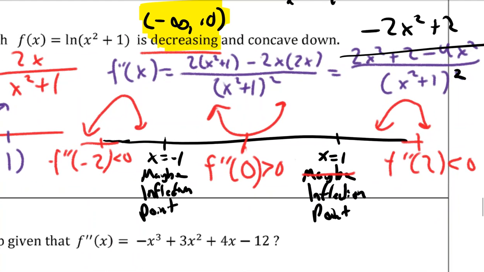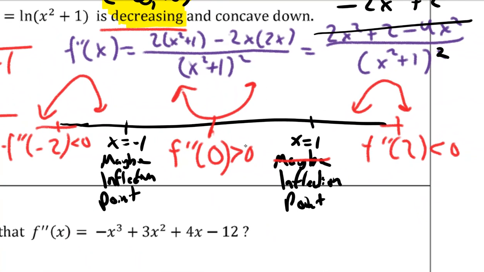Notice on my little line chart here, this is concave up because the second derivative was positive. This was concave down because the second derivative was negative. Now that I can see the concavity change at x equals negative 1, I can cross off this word maybe. I know that it is an inflection point now. To be an inflection point, it has to change concavity.